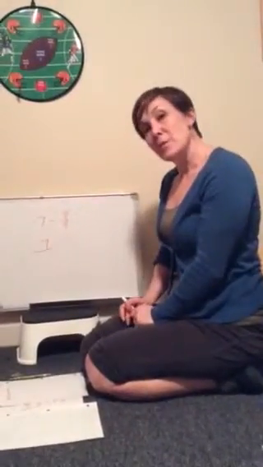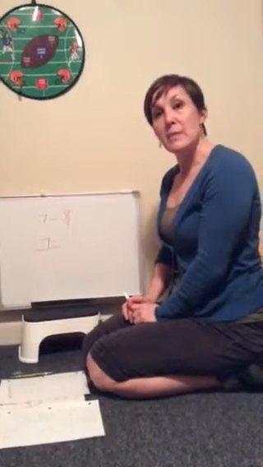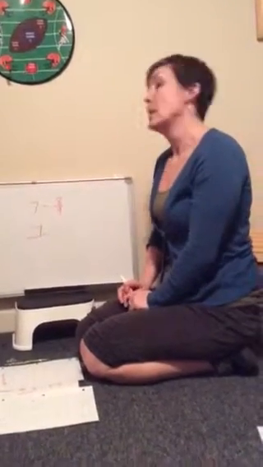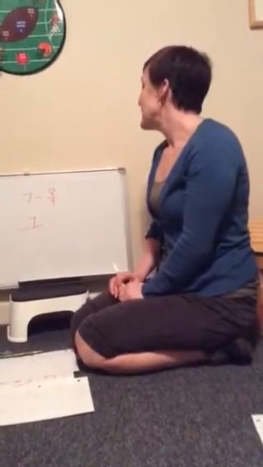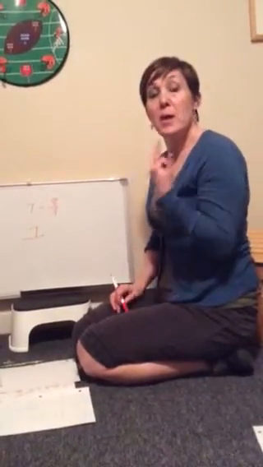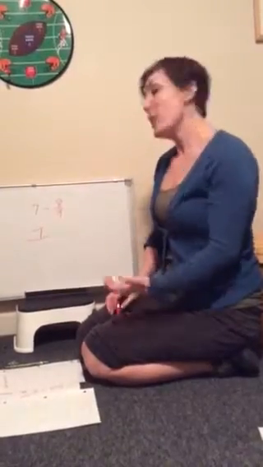So that's basically why the invert and multiply works, because it makes our life easier. And it's much easier to divide a number by 1 than to divide it by a fraction.